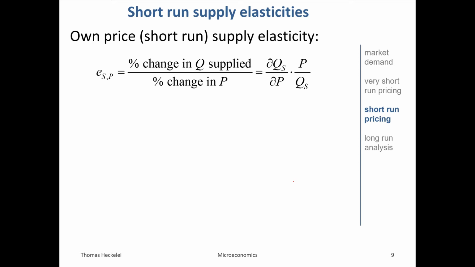Mathematically, that means the first derivative of market supply with respect to P, times P divided by QS. Nothing actually new here.